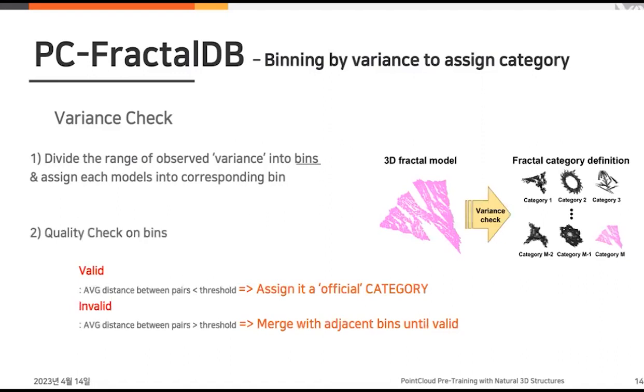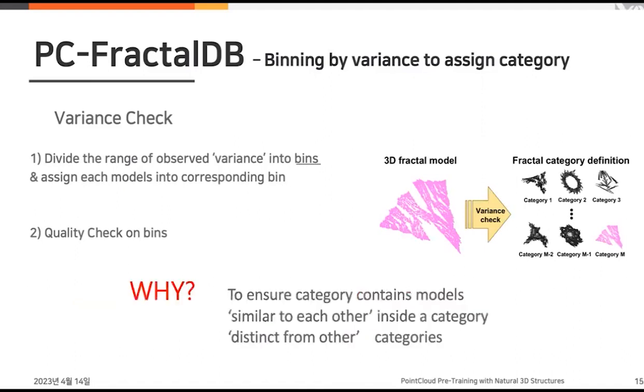Then they perform a quality check on each bin by computing the average distance between all pairs of fractal models within the bin. So if this bin distance is below a certain threshold, they consider the bin to be valid and assign it as a category. Otherwise, they merge it with an adjacent bin until a valid category is obtained.